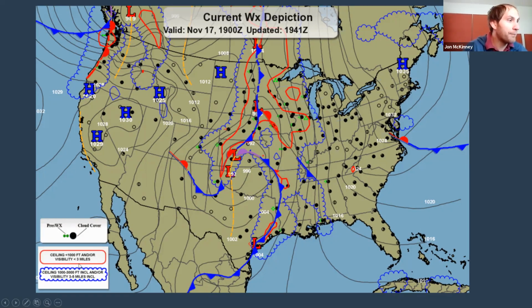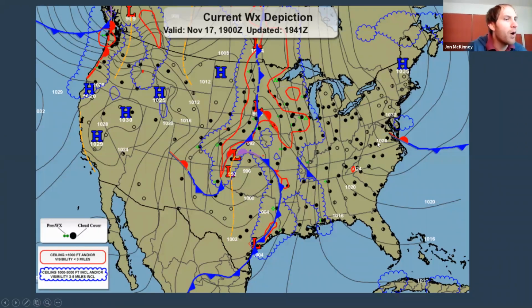Okay, we have a blue cloudy squiggle marking in our key, and that is for marginal VFR, MVFR, ceiling 1,000 to 3,000 AGL and or visibility 3 to 5 statute miles. So we have a small area of marginal VFR that is near, what is this, goodness, the East Coast.